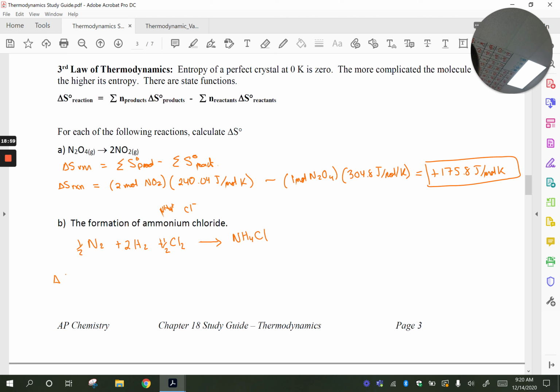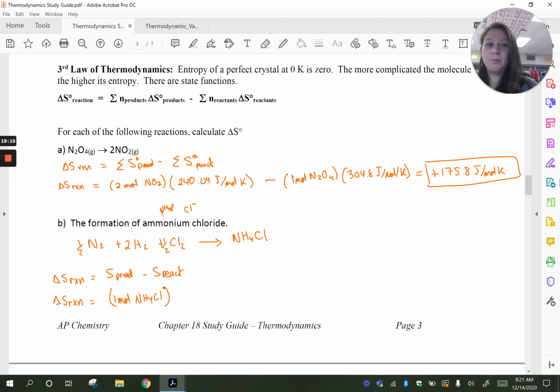So delta S of the reaction is going to be products minus reactants. So let's start with our products. We have 1 mole of NH4Cl. Oh, let's predict first. What do you think? Is that going to be a positive or a negative delta S?